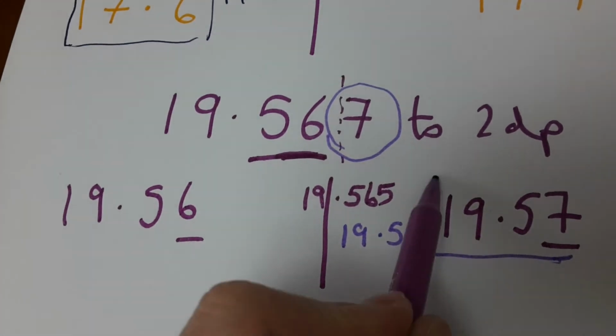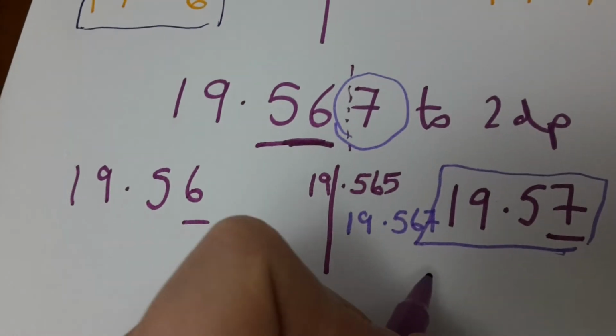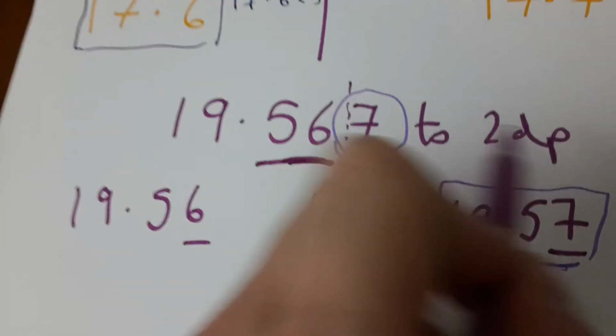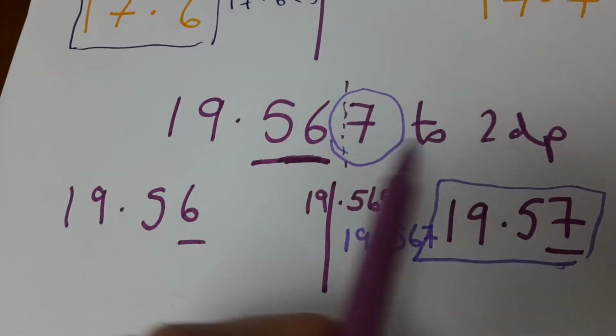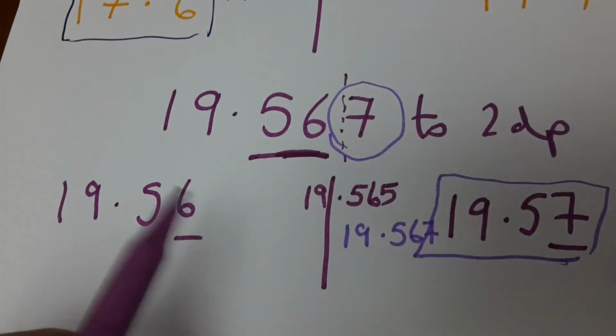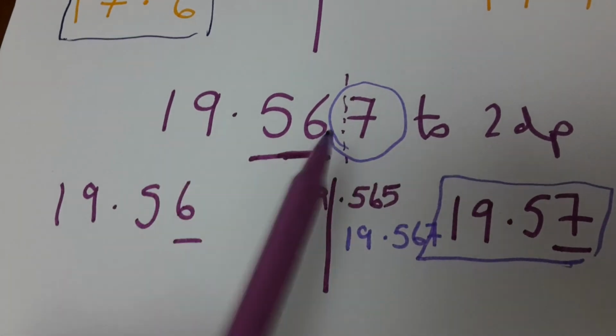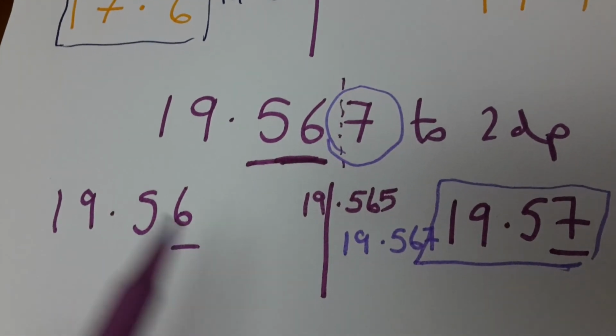Meaning that 19.57 is more representative, so this rounded to 2 decimal places will be 19.57, because 19.57 is closer to this number than 19.56 would be.